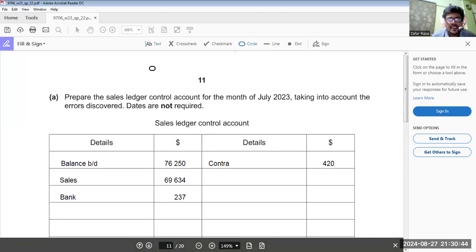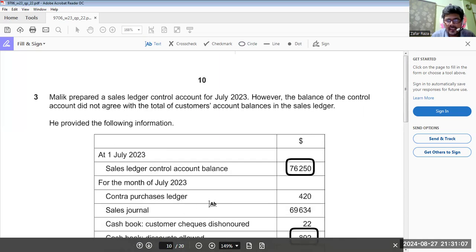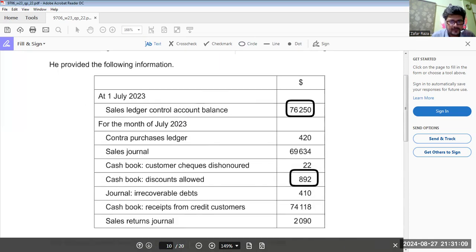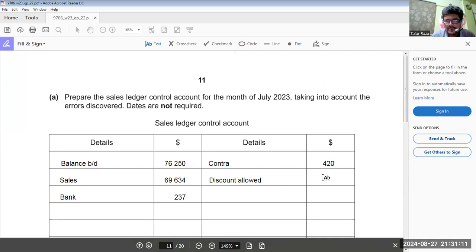Discount allowed is going to be reported here. Sorry, I forgot the amount, 892.